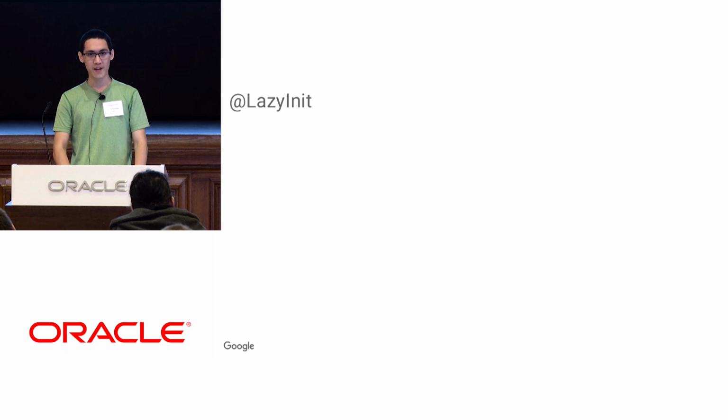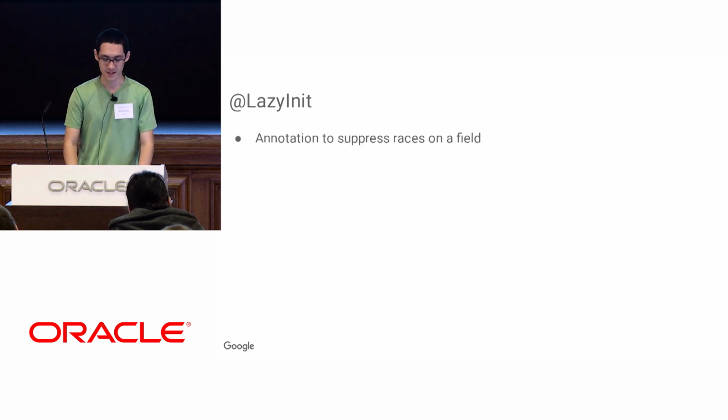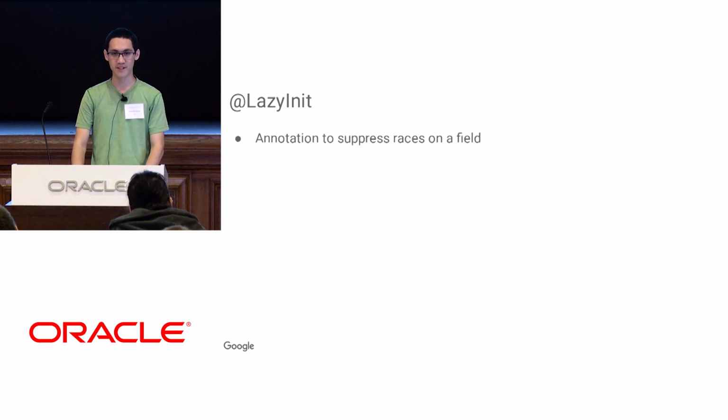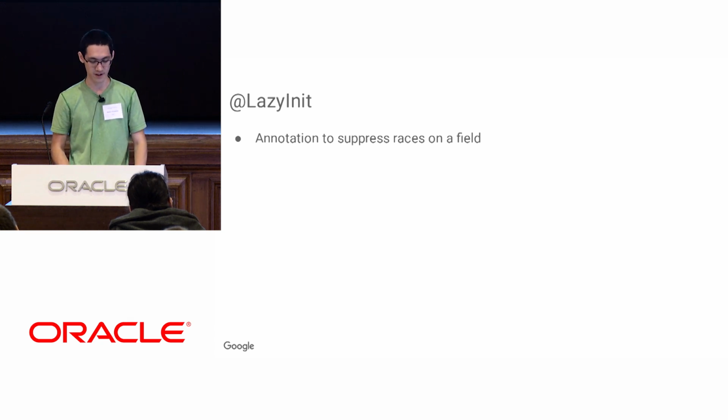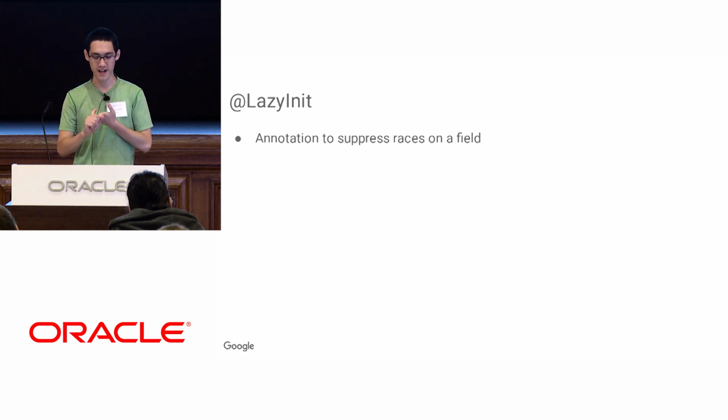So sometimes we have intentional races. For example, String.hashCode is an intentional race where the hash is initially set to 0, and if you ever call String.hashCode, it will calculate the hash and then store it to the hash field. Multiple threads can do this at the same time.